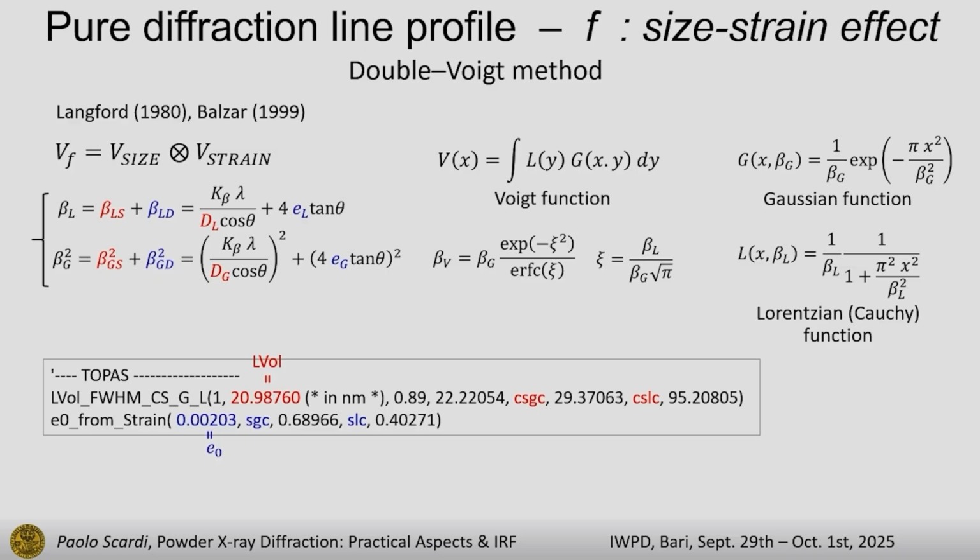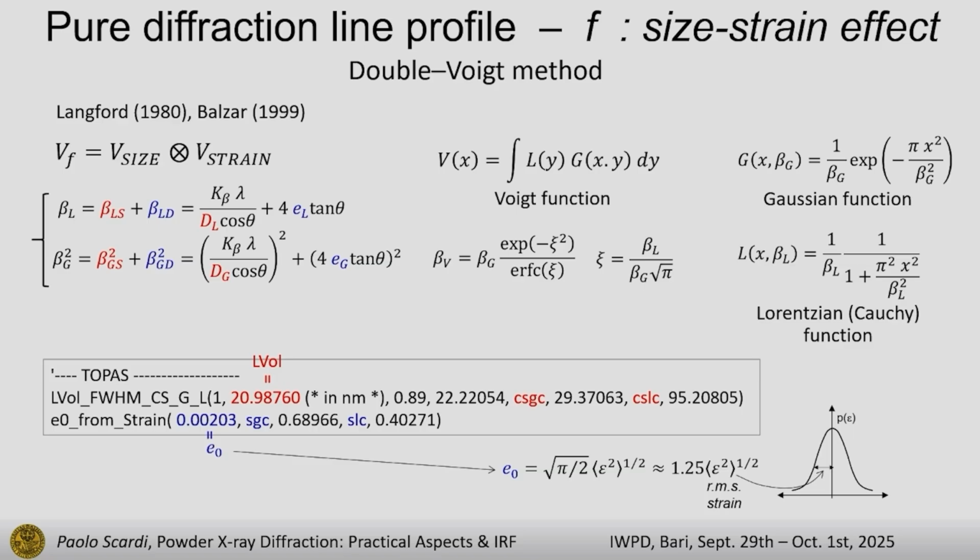Now, let's always remember about the microstrain, as I told you before, that it is proportional to the real root mean square strain. And you can find simple theories telling you what the proportionality factor is. This, for example, goes back to the work of Art Wilson in the 40s of the past century, so it's well known.